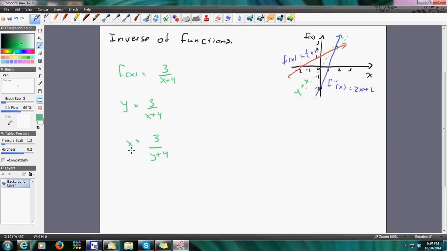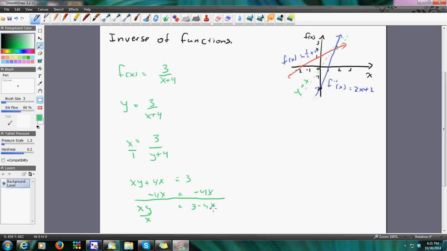I'm actually going to cross multiply here, and I get xy plus 4x equals 3. I subtract my 4x, and now I'm left with xy equals 3 minus 4x.